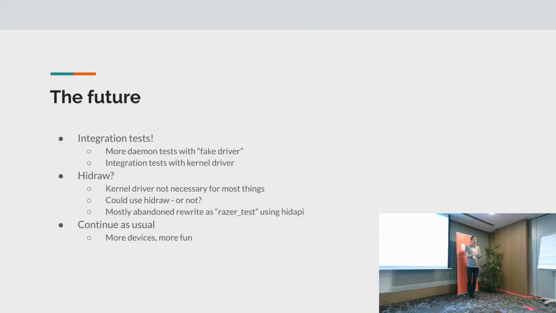Then we have a script dump the packets that our kernel driver sends to the USB device into a file. This way we can hopefully add some integration tests, so we can more easily refactor the driver and make it a bit nicer, while ensuring that we're still sending the same data to the device in the end. But in general, the plan is to continue as we have so far.